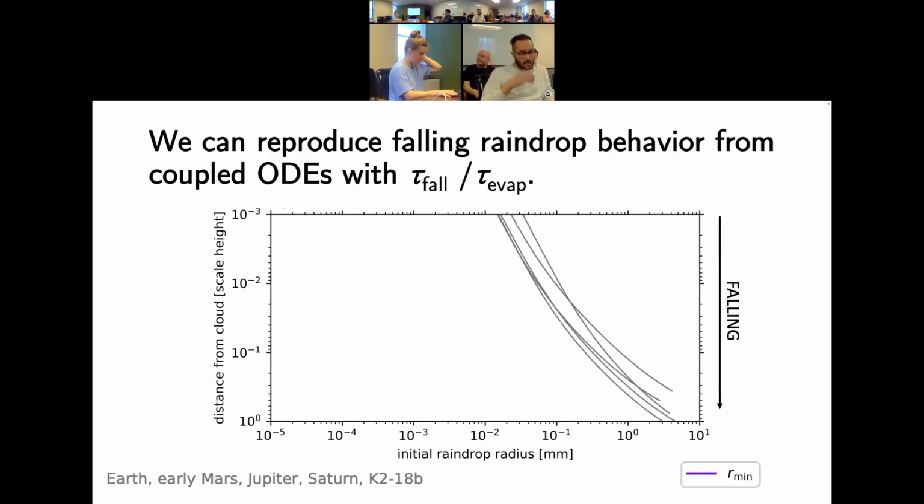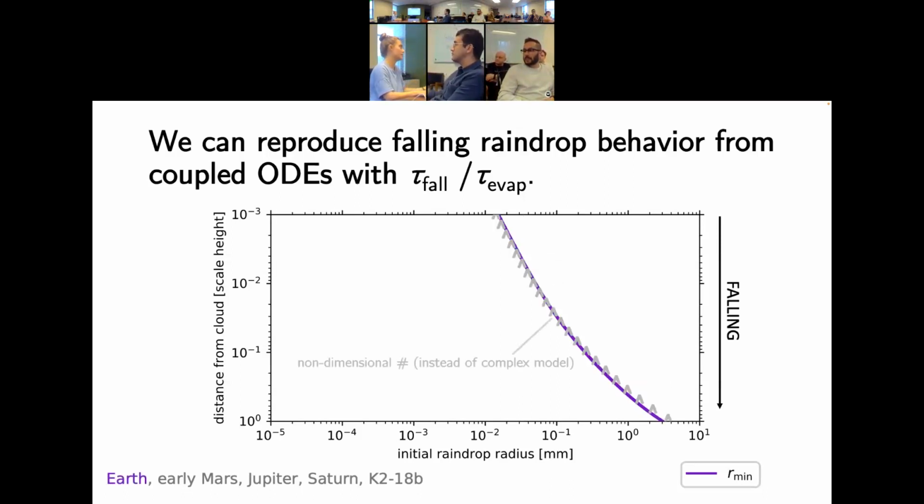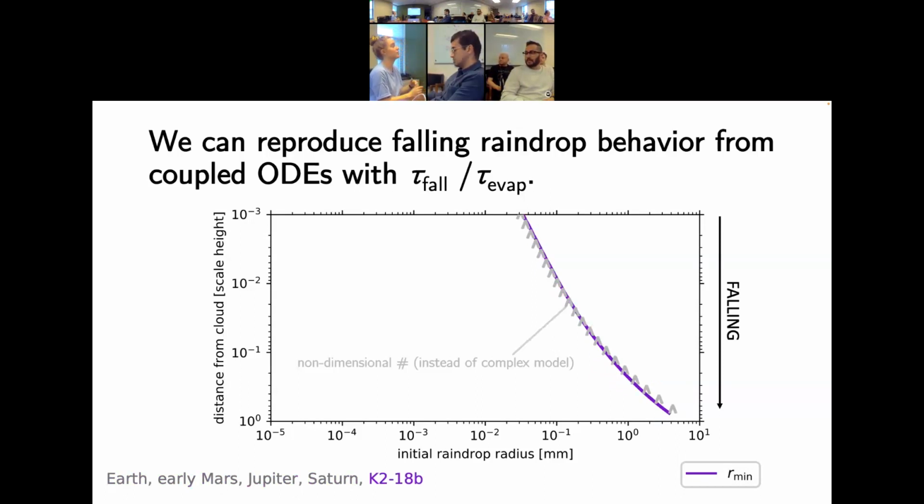And I can do the same thing for our minimum size threshold as a function of distance from the cloud. We can go through all these different planets. So here's Earth, Mars, Jupiter, Saturn, and K218b, which is that exoplanet. And so basically the idea is that we can understand a lot of these more complex behaviors just by looking at this much simpler ratio.